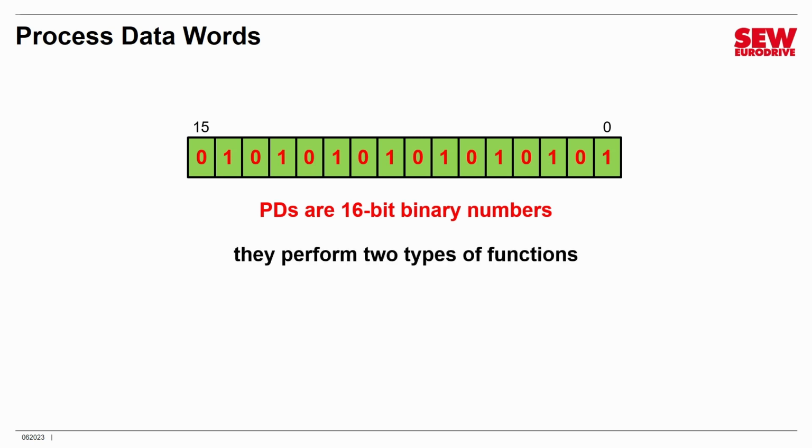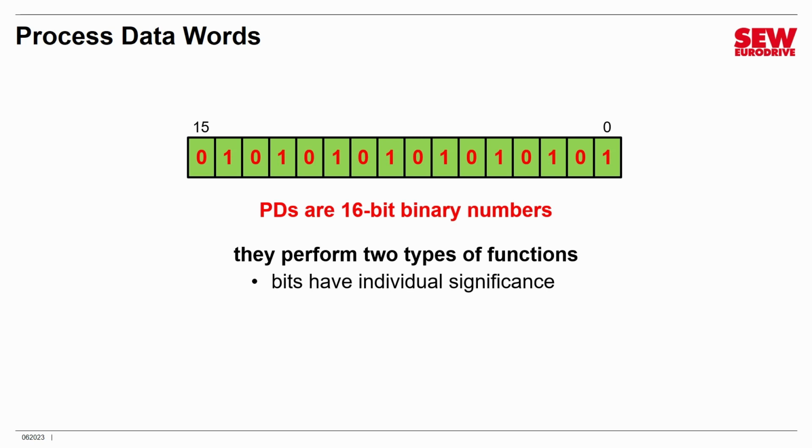Now, broadly speaking, process data words can perform one of two functions. The first category of function is bits with individual significance. In other words, the individual bits within the process data words behave sort of like switches or status indicators. They turn on and off individually to either control something or reflect something's status. Typically, when you're communicating with the device, at least one process data word will be what's called the control word.